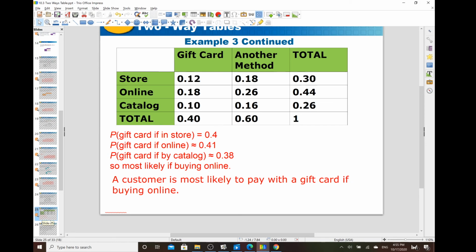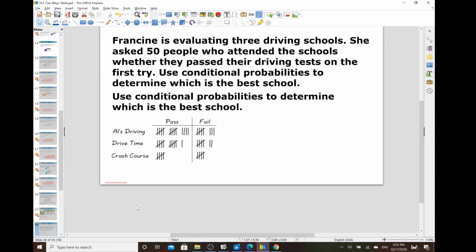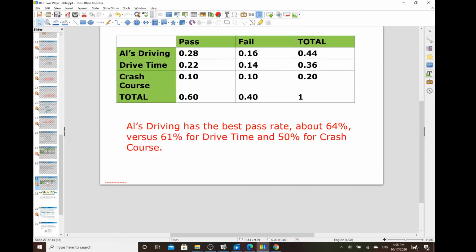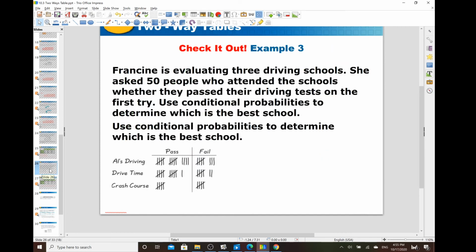Okay, so now let's see what else. So here's another checkout example. So again, the tally, pass, failure. So you just want to convert that to the number and then convert that to the frequency table. Okay, let's see what the question here is. So use conditional probability to determine which is the best school here.